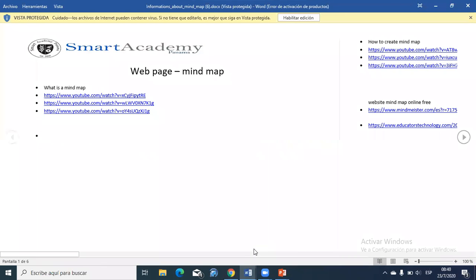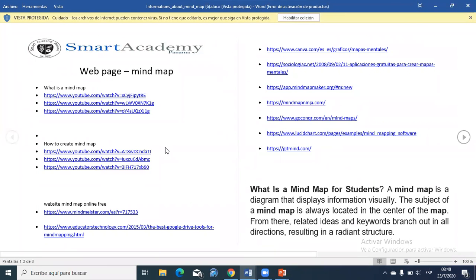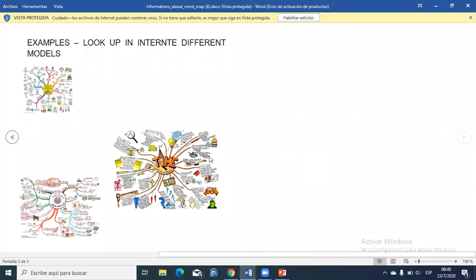There's a lot of information on how to create a map, what a mind map is, and these are the different websites that you can use in order to create your mind map. This is free. You only need to register. So you have to do something like this.